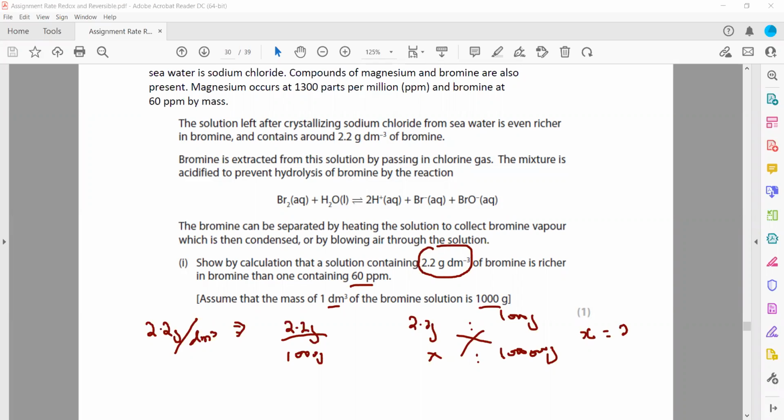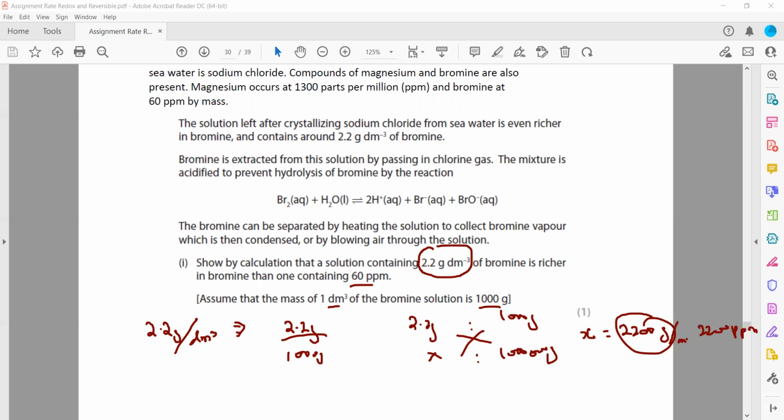When we cross multiply, it will be 2200 gram per million. So out of 1 million gram, we'll get 2200 grams of bromine. So this shows the concentration to be 2200 ppm, parts per million.